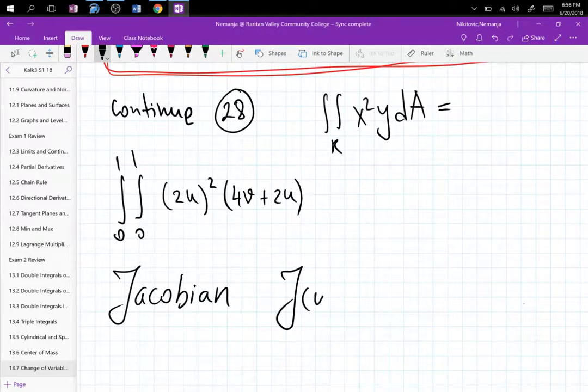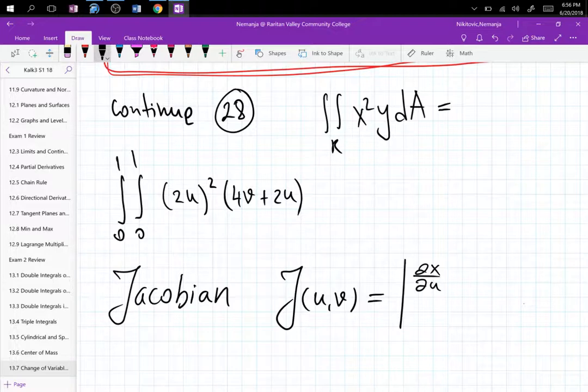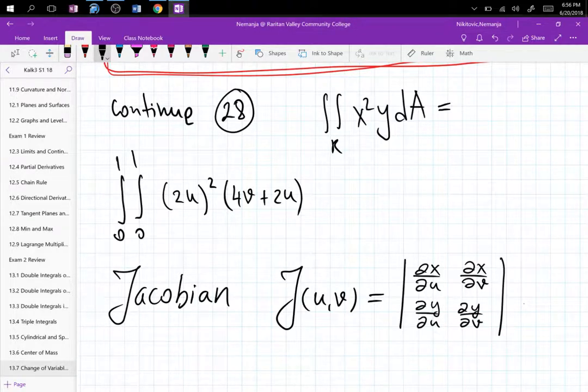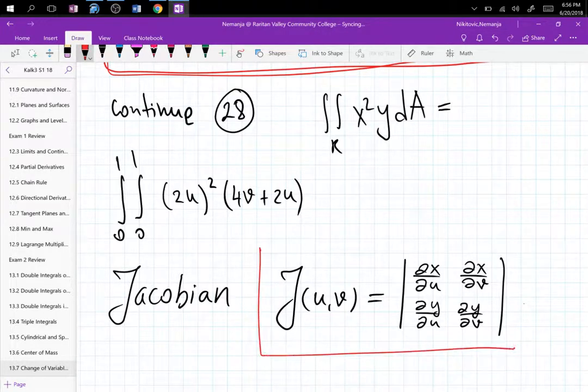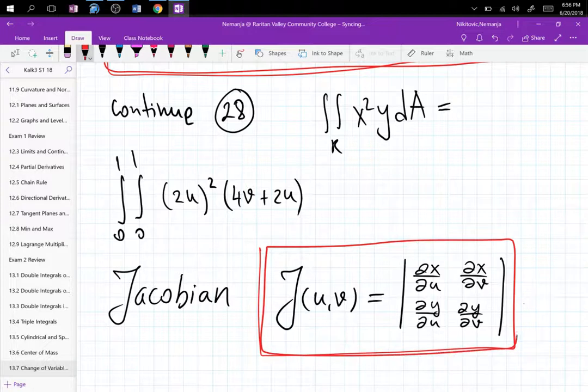The Jacobian J of u v is the determinant of the matrix of all partial derivatives: partial x partial u, partial x partial v, partial y partial u, partial y partial v. This is again one of the necessary and important components.